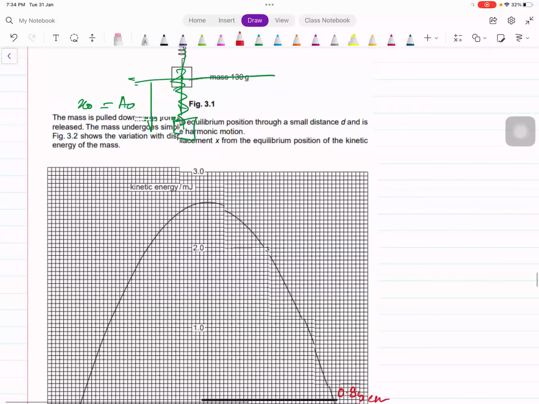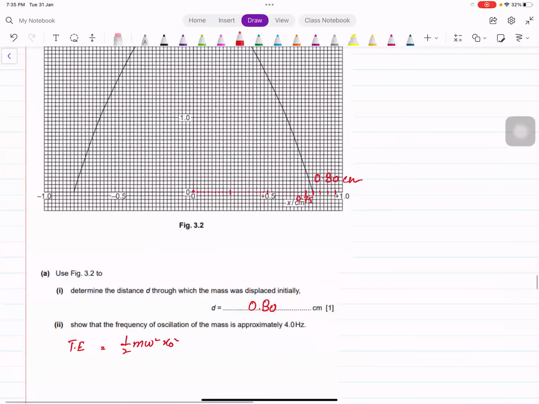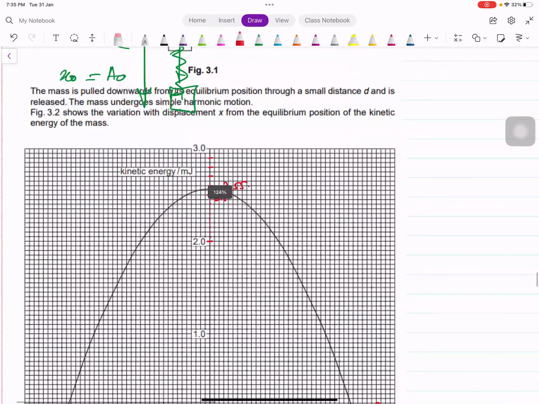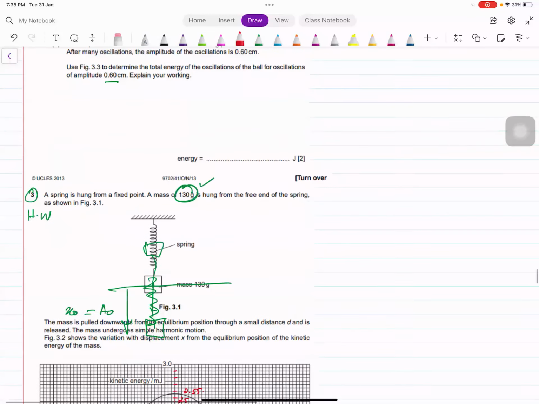The total energy is, I think, 2.55. So the total energy is 2.55 millijoules. Milli is 10 raised to minus 3. And the mass is 130 grams.